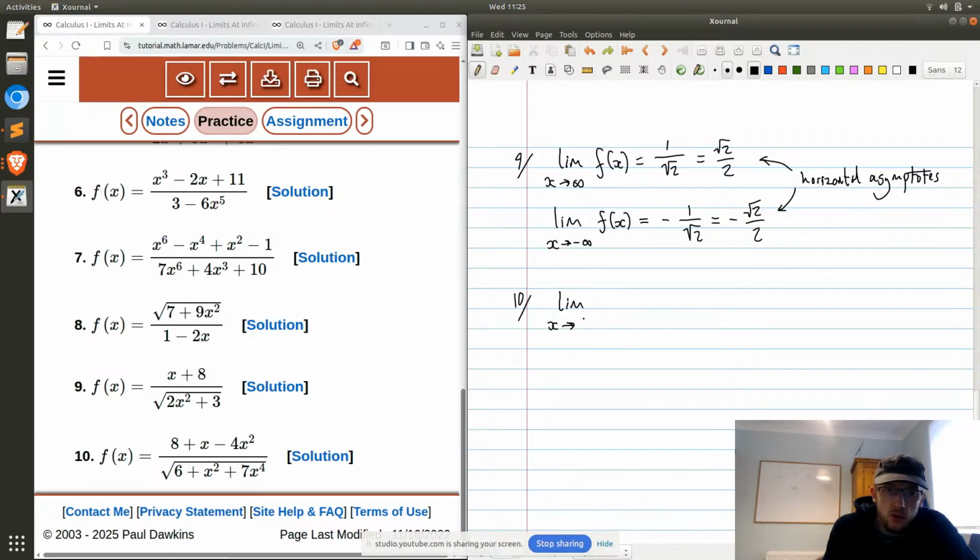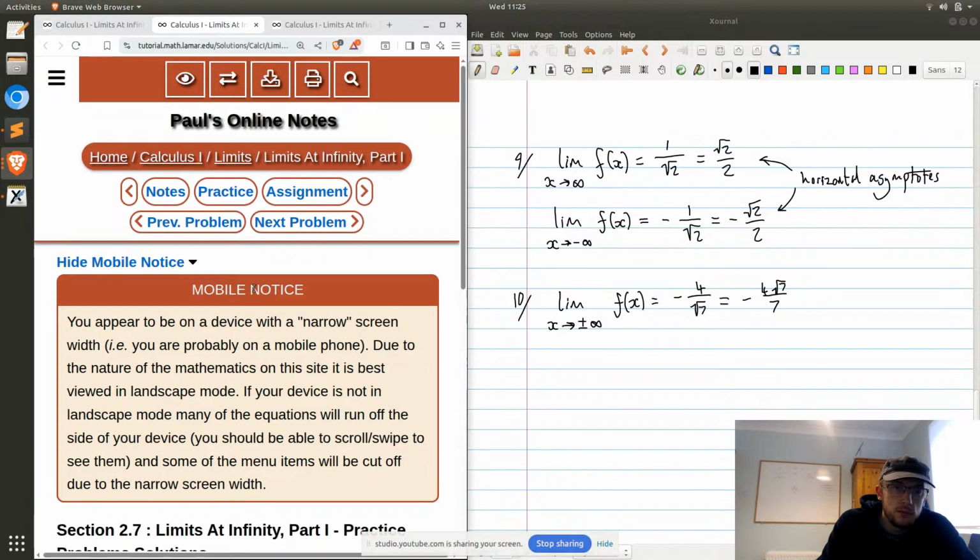In fact, that's true regardless of the case. And that becomes the horizontal asymptote. I need to remember that.